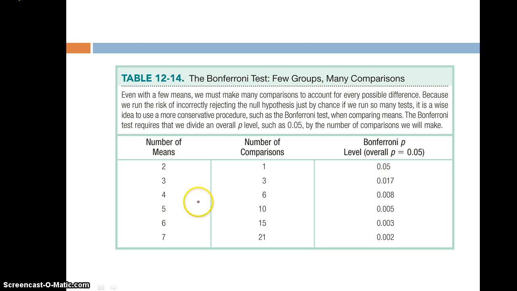If we had four groups, we'd make 6 comparisons: group 1 versus 2, 1 versus 3, 1 versus 4, 2 versus 3, 2 versus 4, and 3 versus 4. Now we've divided that to 0.008. So you can see that these values get smaller and smaller as we increase the number of comparisons we're making.